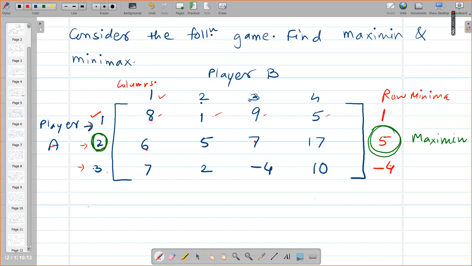The maximum one, and that's why we are finding column maxima. Do you understand the reason why to find column maxima and why to find row minima? That you should understand. Similarly, if player B chooses second strategy, player A has got 3 choices. He should go for that choice which will maximize his gain. So of course, I'm selecting the maximum number from each column.